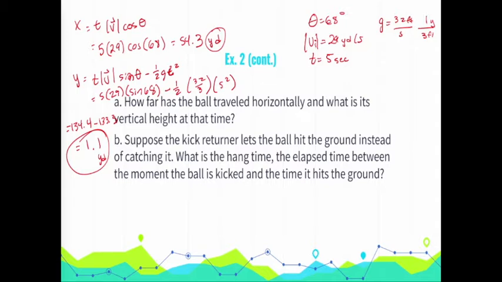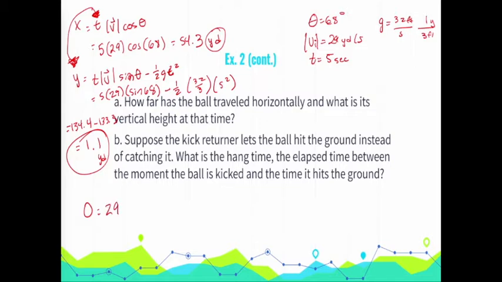So we are looking for t. We're looking for t when our y is equal to 0. Right? So if our y is equal to 0, our v is still 29.